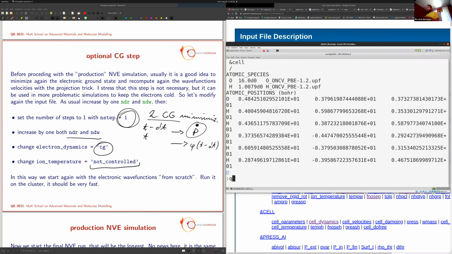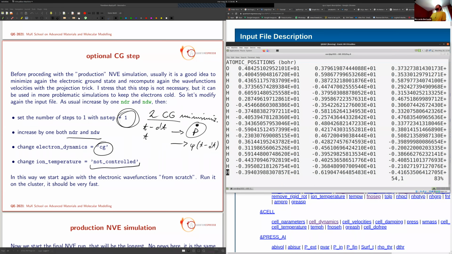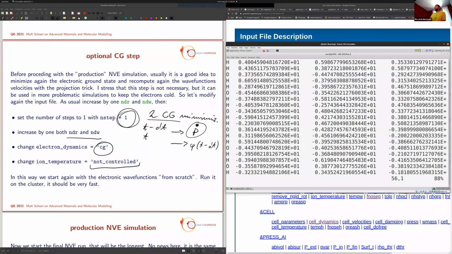I forgot to tell you, this part of the input file, the atomic position file, is the same that I used at the beginning. But if you use the restart feature of the code, this part will simply be ignored. So you have to put it.